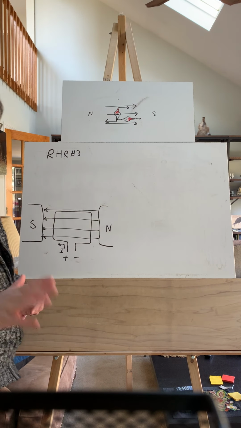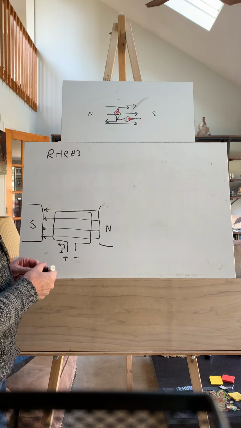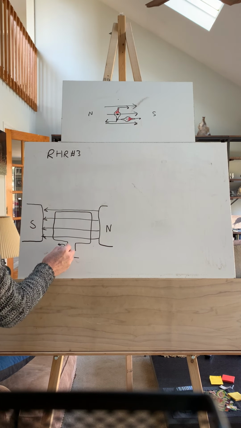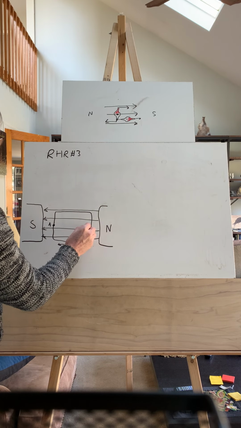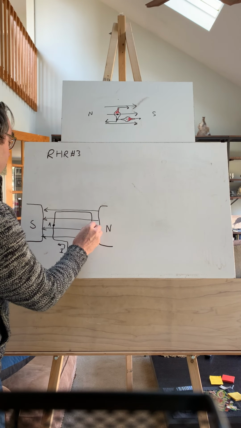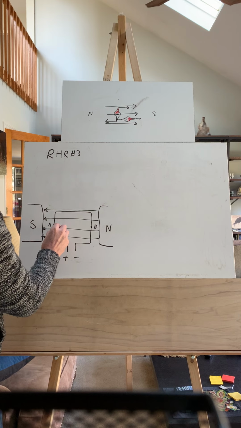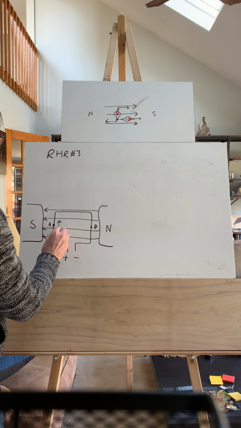Now, down here, something a little bit similar is going to happen. Now, if we're running current through the wire, call this point A, call this point B. At point A, the current is going in that direction.